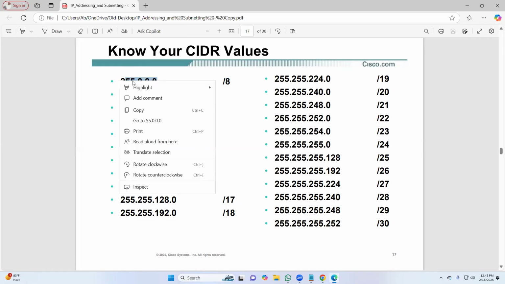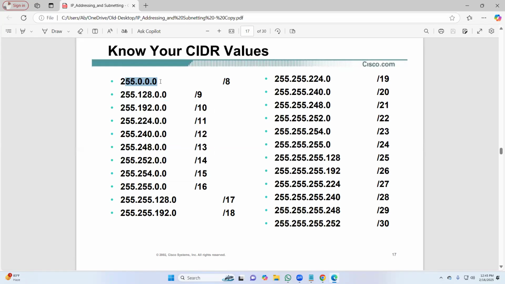Only one portion is fixed and 3 are capacity, and /9 means 2 and 128, and this will go to 255, but you can't go beyond 128. These are fixed values.